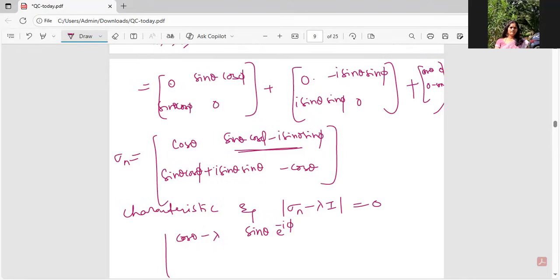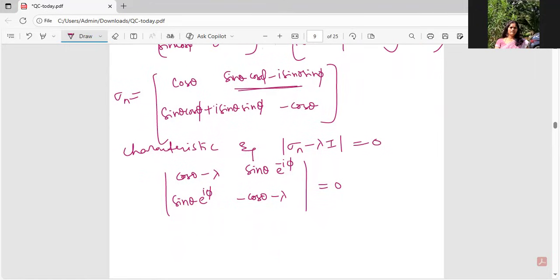Okay, here I can take out cos phi and sin phi. Again I can take out sin theta and write it as e power i phi. De Moivre's theorem again, right? Yeah. Minus cos theta minus lambda. This is the determinant that I need to evaluate.